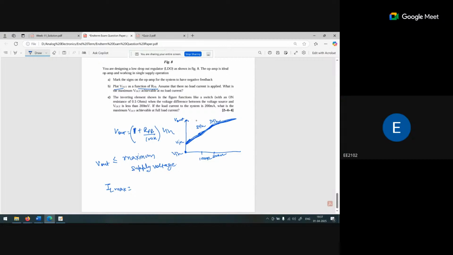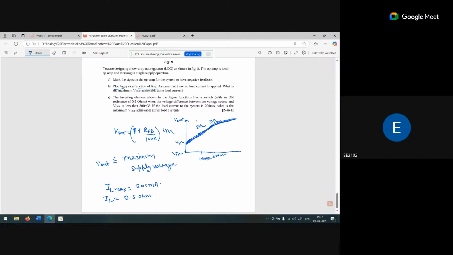IL max is 200 milliampere, and what is the ZL? ZL is 0.5 ohm, because it is an inverting element MOSFET and the impedance of that particular inverting amplifier is 0.5 ohm.